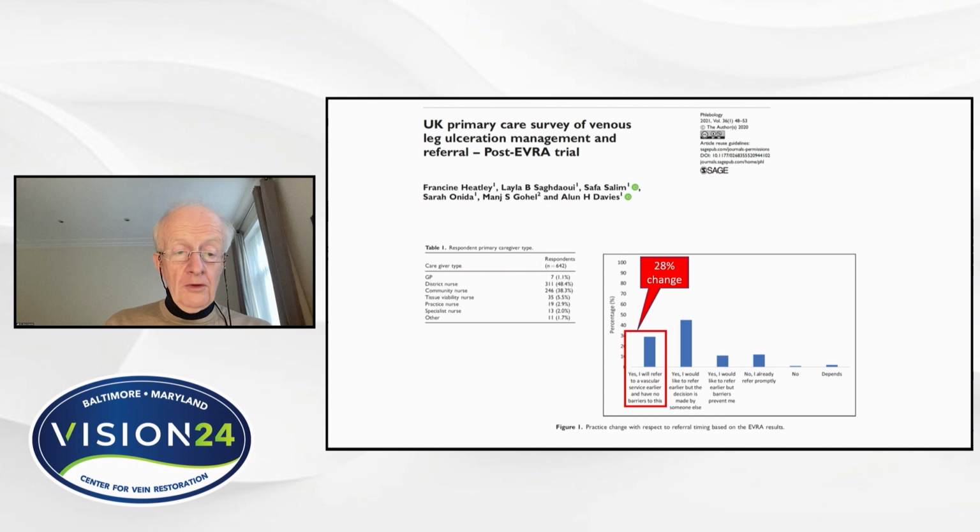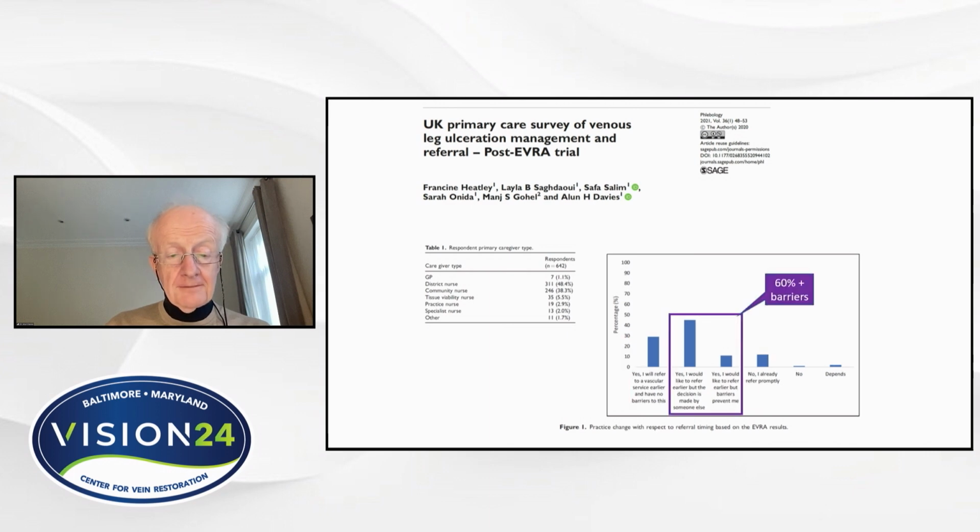So overall, when we looked at primary care, i.e. because most patients in the UK have to go through a community doctor first, 28% felt there'd been no particular change. Next slide, please. Whereas 60% felt that there were significant barriers to them actually implementing any changes. Next slide, please.